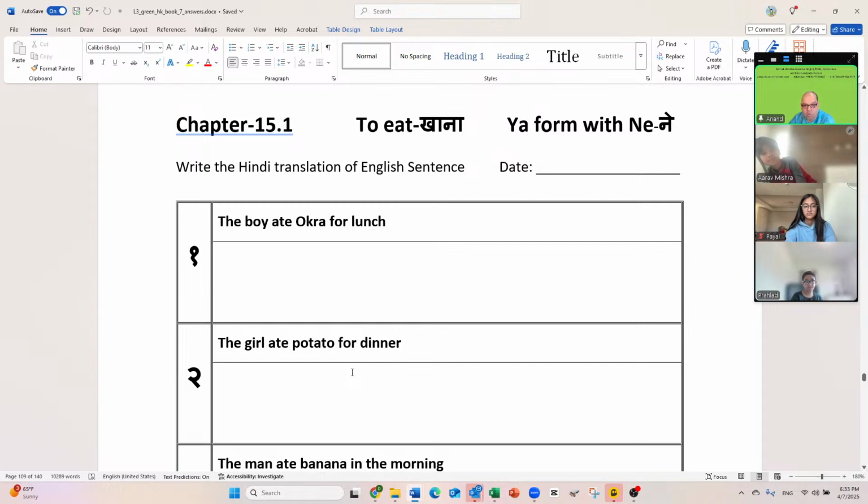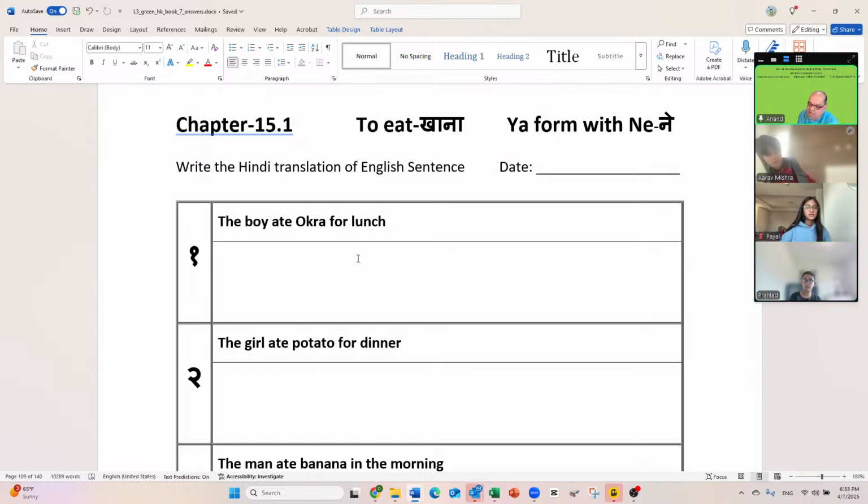Okay, wait a minute. First thing, let's start decomposing the sentence. The boy ate okra for lunch. Which of the three forms is it? Is it a habit? Is it one instance of doing something, or is it a future sentence? One instance. So when it's one instance, which form do we use?